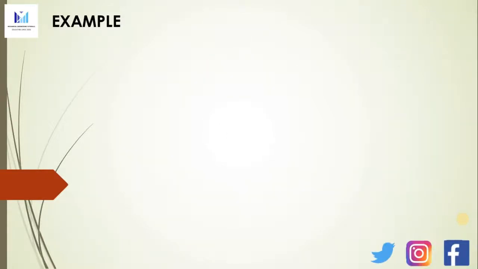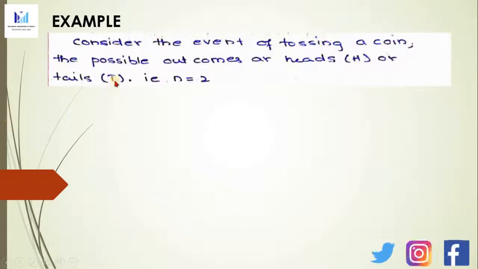Here we'll take up an example to understand. Let us consider the event of tossing a coin. The possible outcomes are either heads or tails. That is, when you toss a coin, you will either get heads or tails. So the number of events, that is n, will be equal to 2.